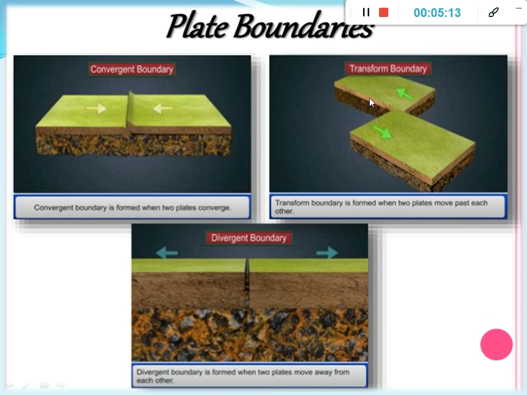Then transform boundaries. These boundaries are formed when two plates move past each other. Then divergent boundaries, when one boundary diverges into two forms or subparts, that is known as a divergent boundary.